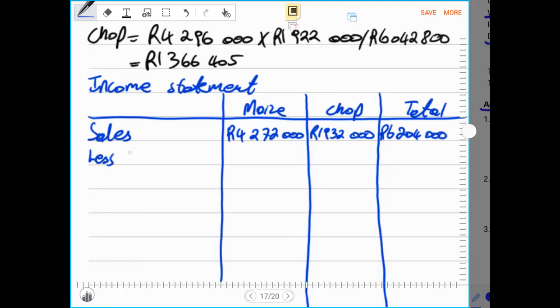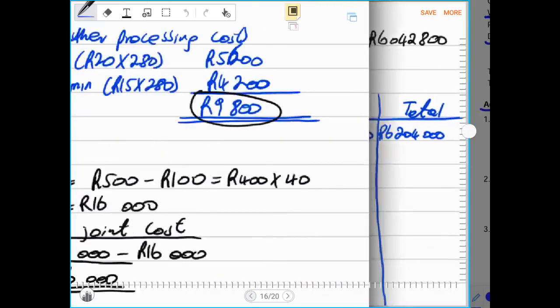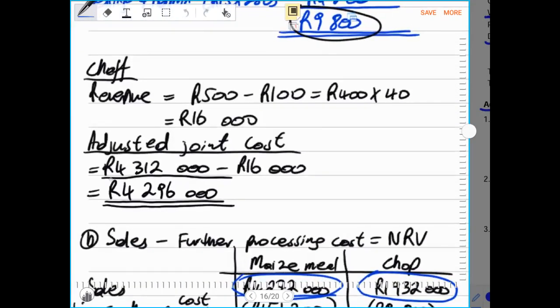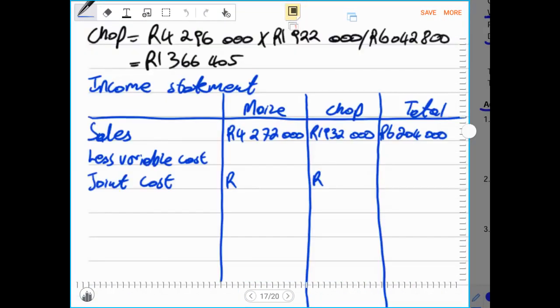We have to less our variable cost. Remember, our variable costs are made of joint cost, and we have already calculated our joint cost, and we know that the total of the adjusted joint cost is 4,296,000. That is just at the total column, 4,296,000 rands.